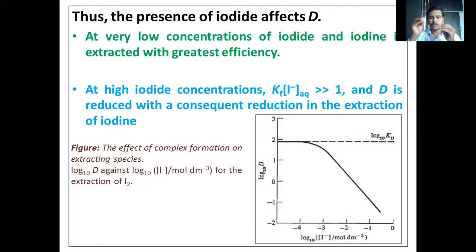You cannot use the complexing agent according to your own wish. If you know the stoichiometry for formation of the complex between the metal and the ligand, or between any two species where there is a chance of forming a complex, you should first calculate what amount of complexing agent you have to use. That can be done using stoichiometric principles.